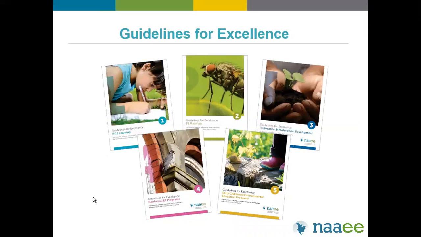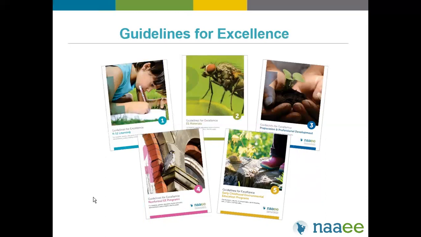And so the North American Association for Environmental Education took on the task of creating what are the best practices in the field that we can use and really make sure that we're providing excellent environmental education in whatever setting we are in.